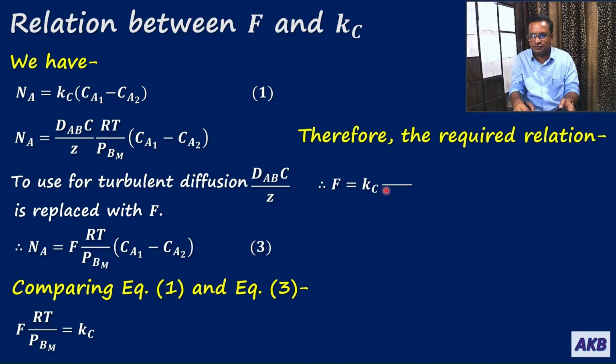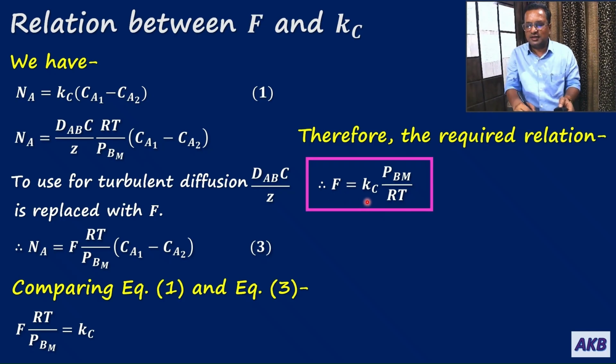So it will be F is equal to Kc into PBM by RT. So this is the relationship between F, the F-type mass transfer coefficient, and Kc, the K-type mass transfer coefficient, defined for the case of gas A diffusing in non-diffusing gas B when the concentration gradient is molar concentration difference.